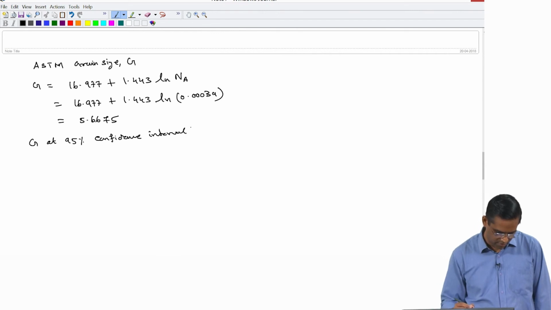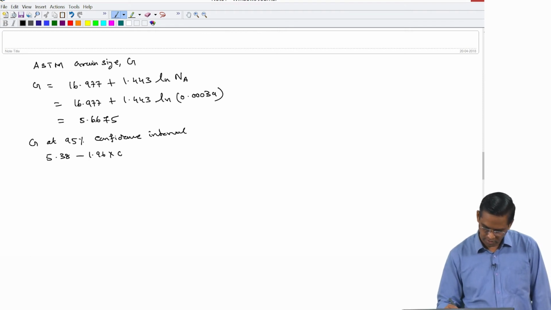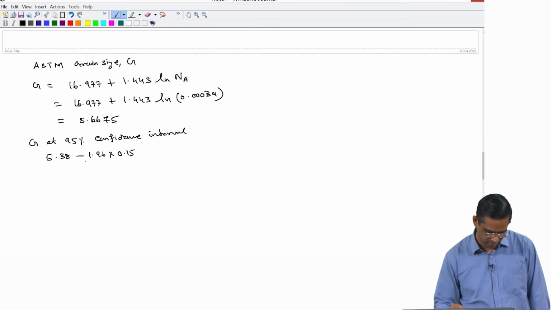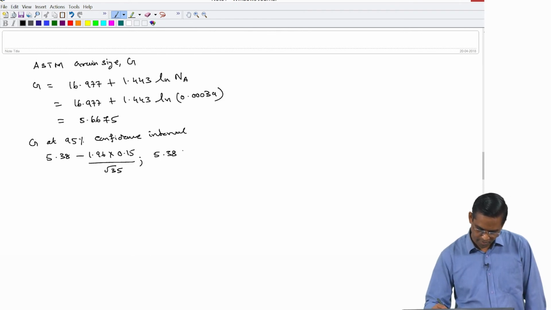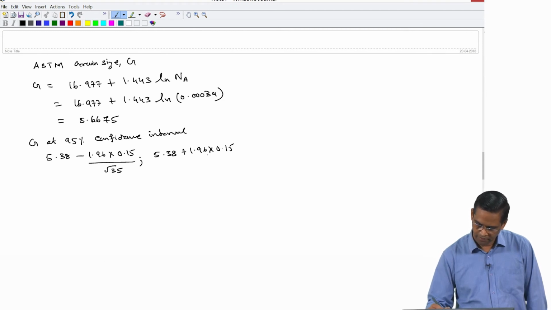So, what I have done is this is I directly substitute 1.96 into 0.15 divided by square root of 35 and 5.38 plus 1.96 into 0.15 square root of 35.